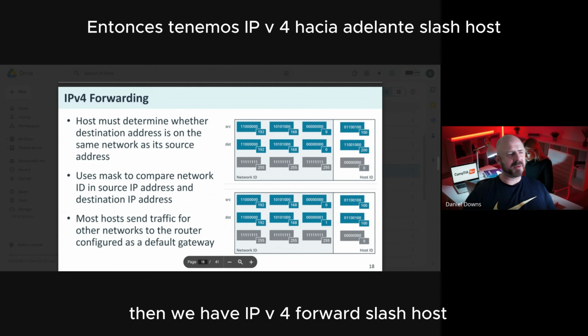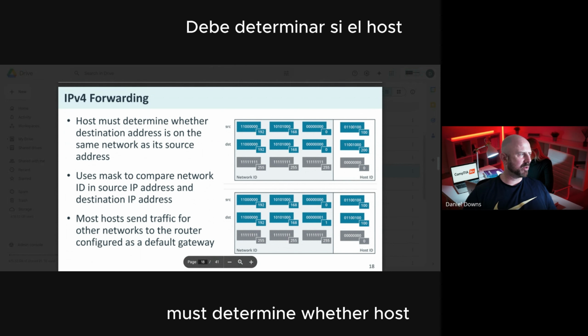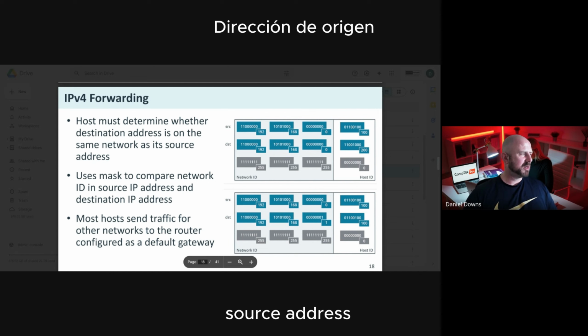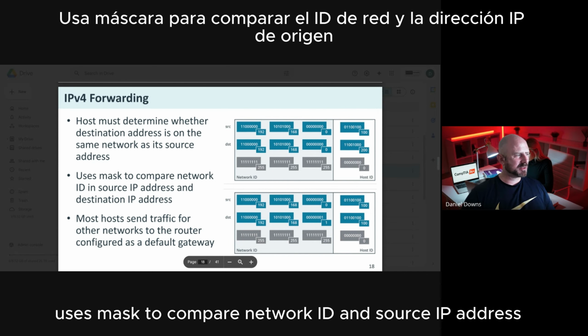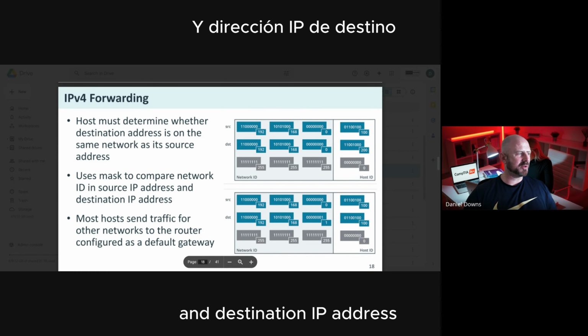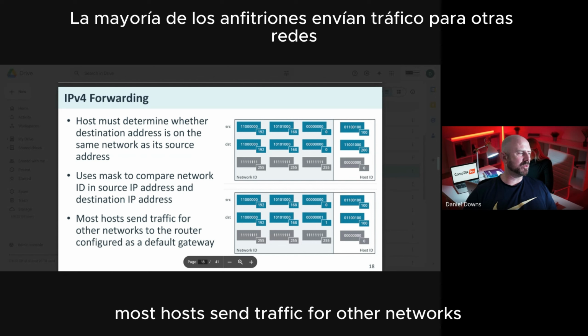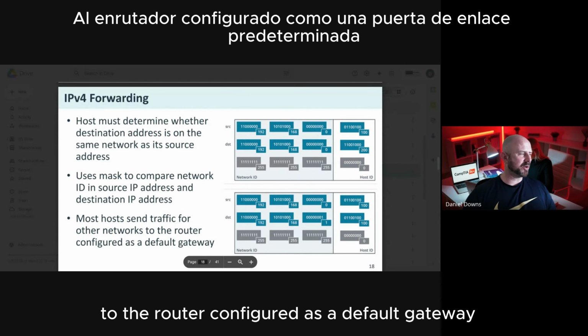Then we have IPv4 forwarding. Hosts must determine whether the destination address is on the same network as its source address. It uses the mask to compare the network ID of the source IP address and destination IP address. Most hosts send traffic for other networks to the router configured as a default gateway.